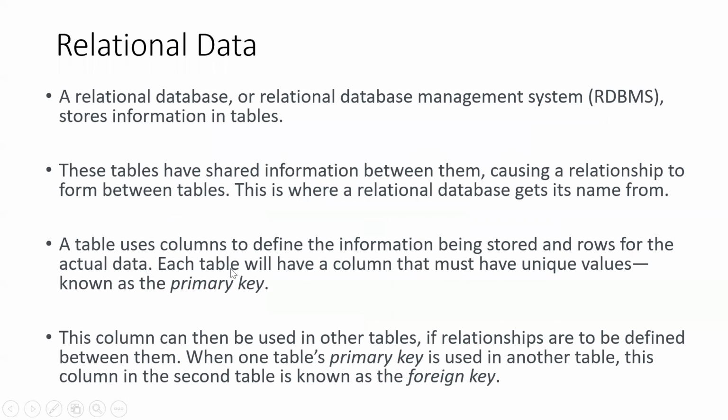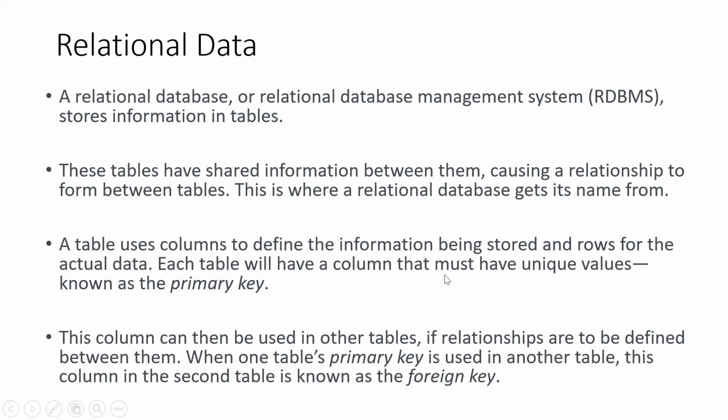And two more things I just want to mention. A table uses columns to define the information being stored and rows for the actual data that I mentioned earlier. Columns of the table define what information will be stored in that particular table, and each of the rows shows the data of that table. Now the next point is very helpful.